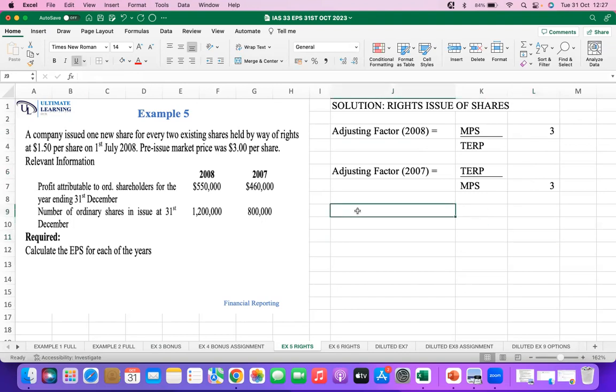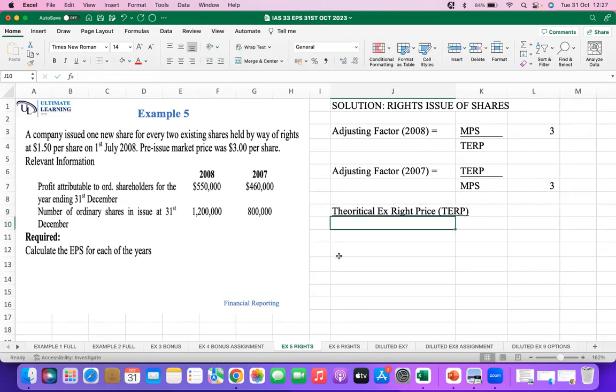So how do we calculate the TAP? TAP in full is theoretical X-right price. Now, how do we calculate it?